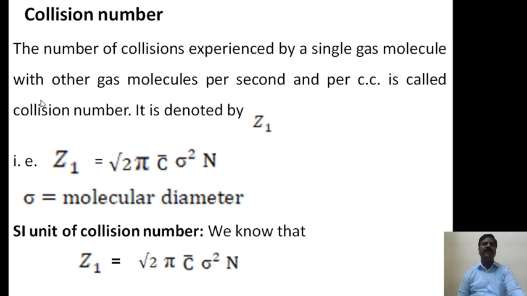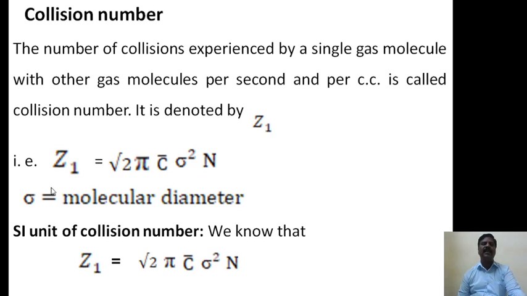How do you define it? The number of collisions experienced by a single gas molecule with other gas molecules per second per cubic centimeter is called the collision number. It is denoted by Z1.